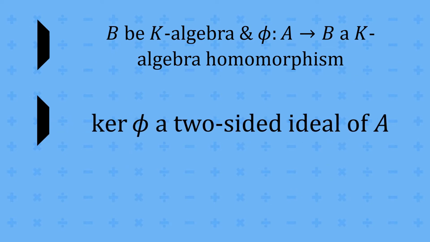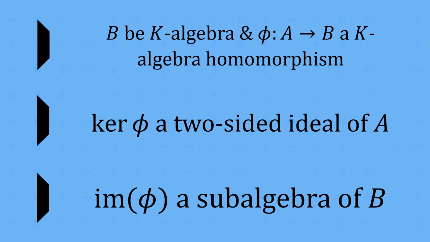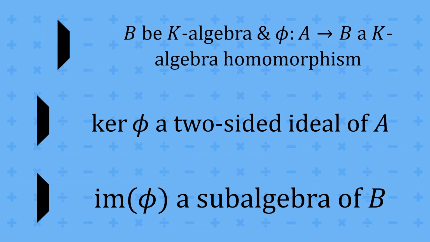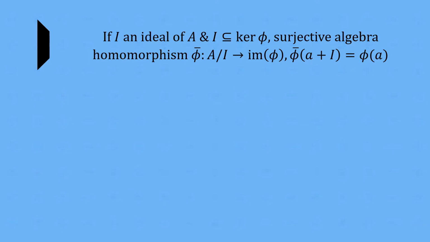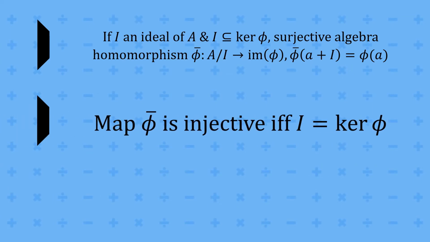Then the kernel of phi is a two-sided ideal of A, and the image of phi is a subalgebra of B. If I is an ideal of A, and I is in the kernel of phi, then we have a surjective algebra homomorphism, phi bar, from A over I to the image of phi, given by phi bar of a plus I is equal to phi of a. Also, the map phi bar is injective if and only if I is equal to the kernel of phi.